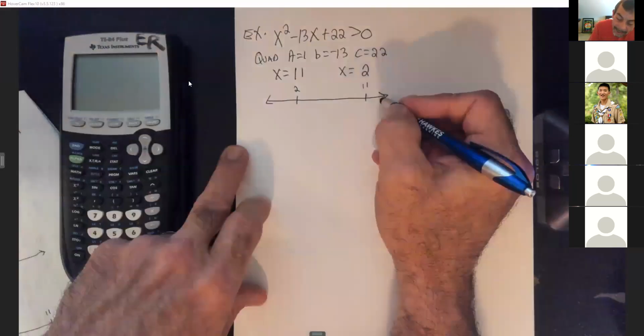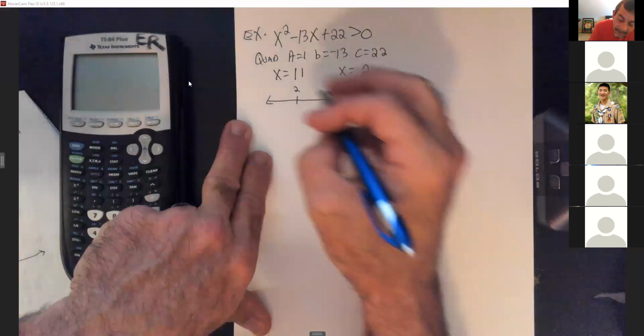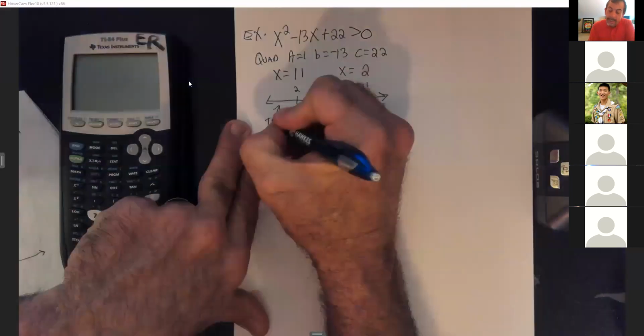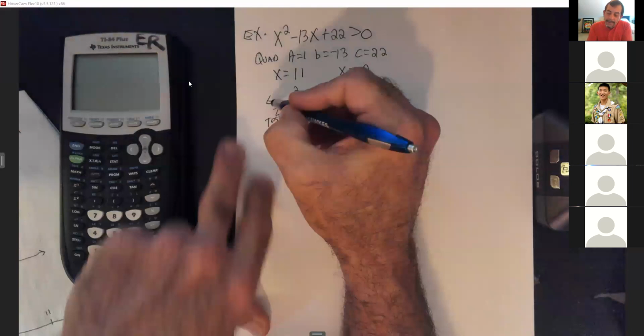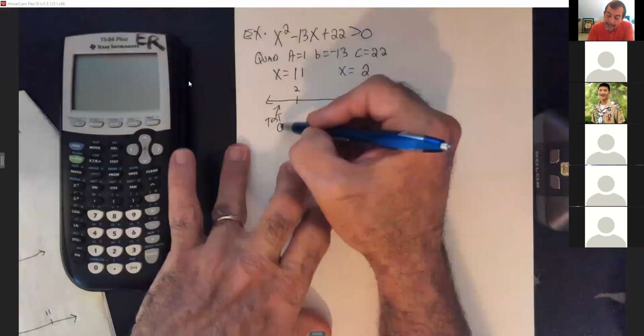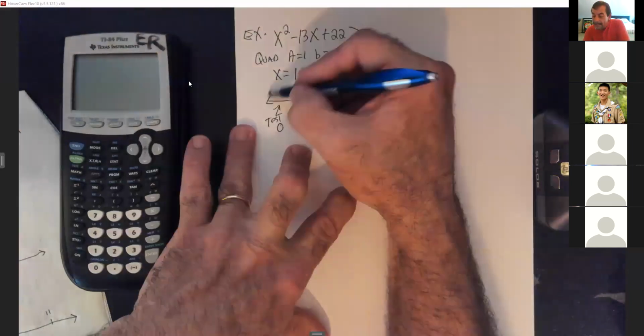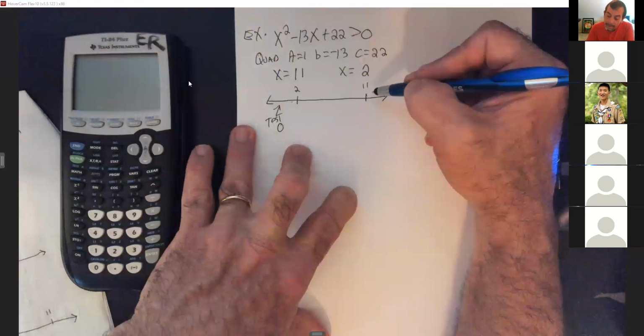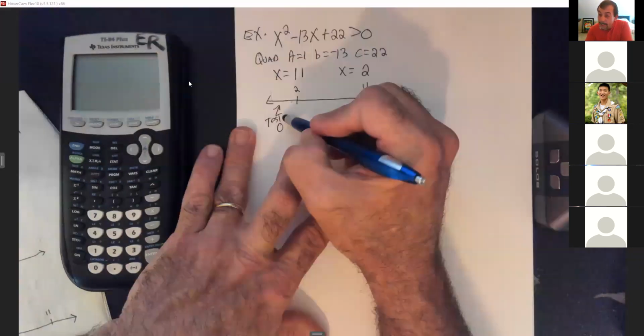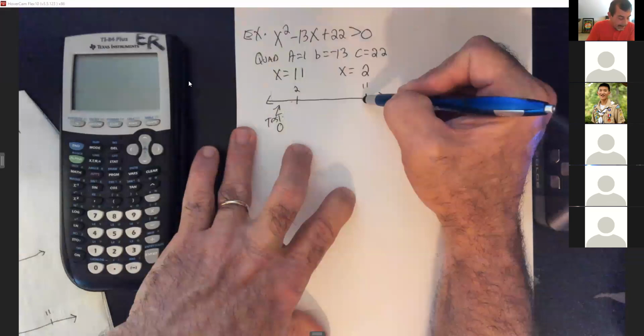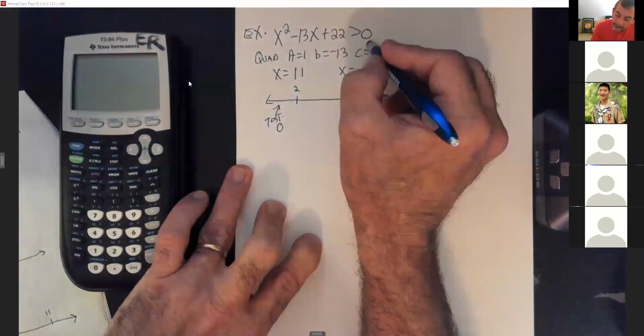So this time when I test 0, notice 0 is in the very first section. So if it's true, I got to shade the first section and the last section. If it's false, I'm only going to shade the middle section. So let's put a 0 into our equation.